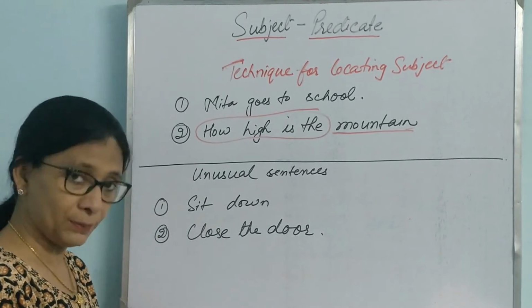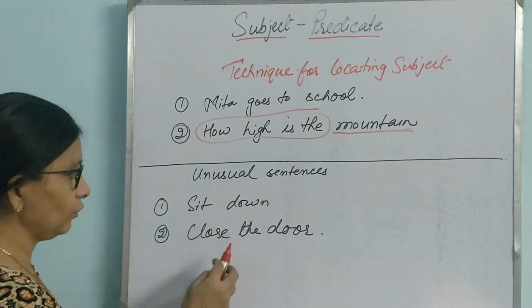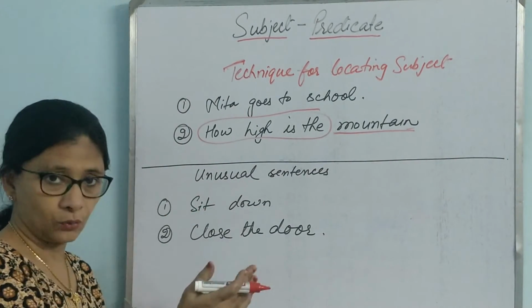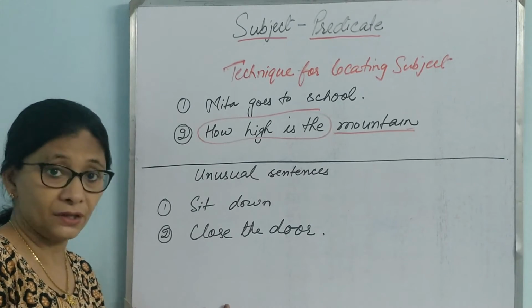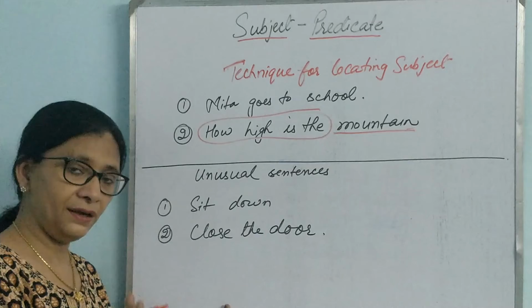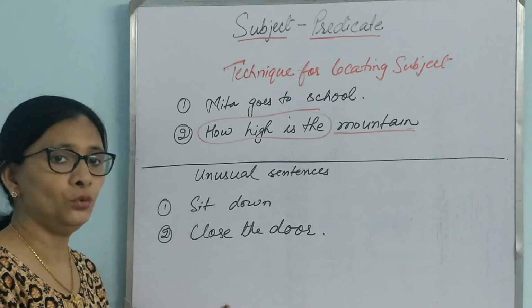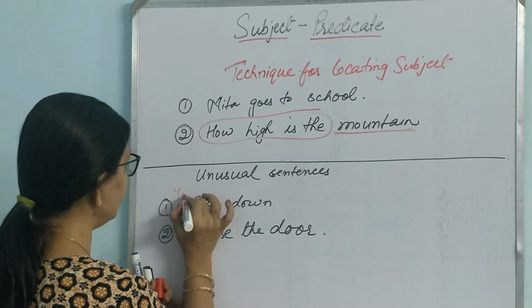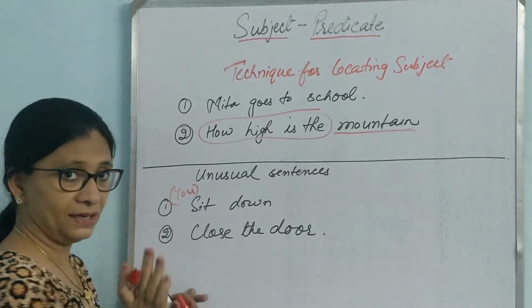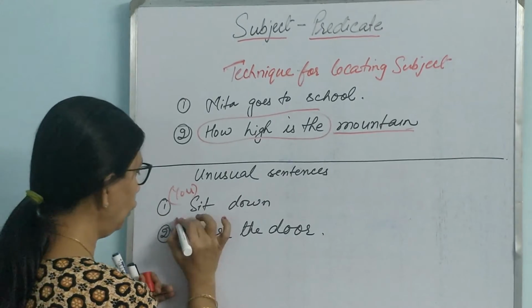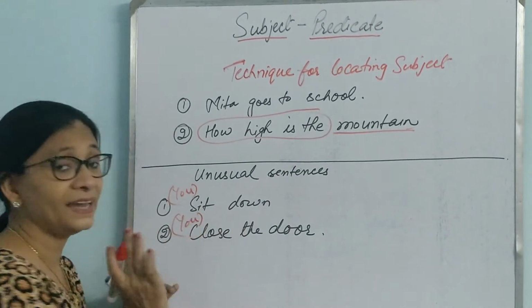But keep in mind that these kinds of sentences are basically orders or commands, isn't it? Sit down, who will say? Somebody who is commanding you. If it is said "sit down" or "close the door," it is said to you. You are the subject. So "you" is hidden. You sit down. You close the door. You is hidden.